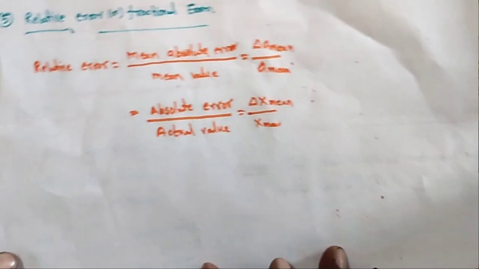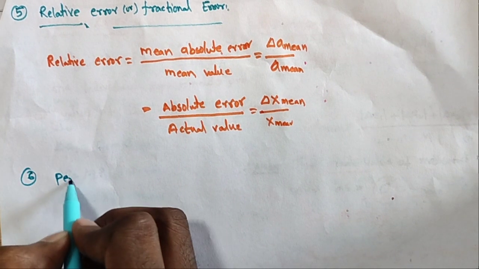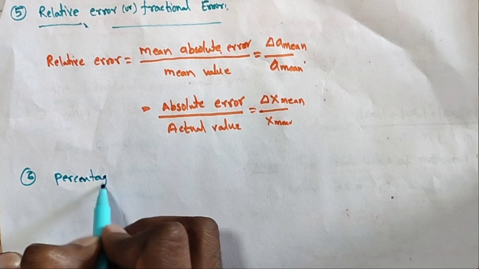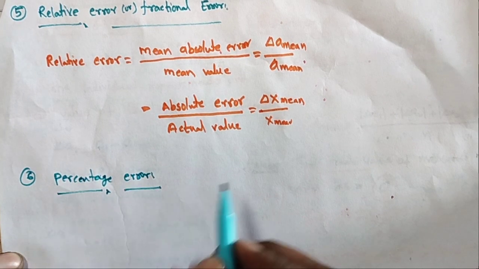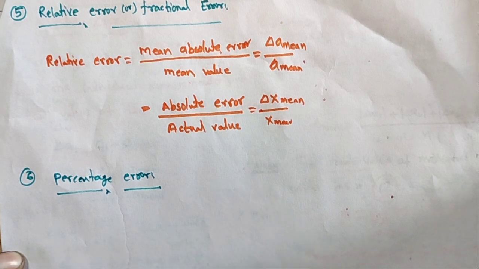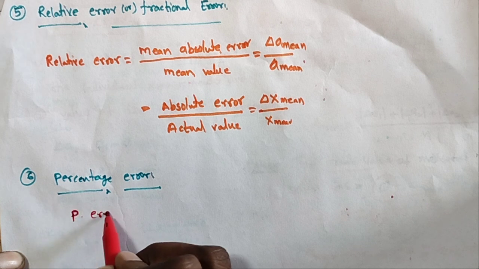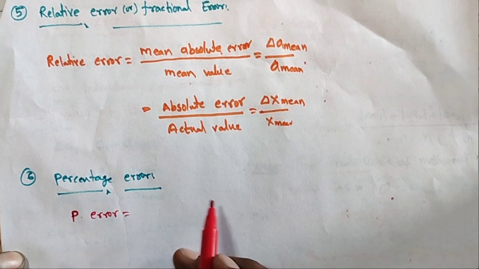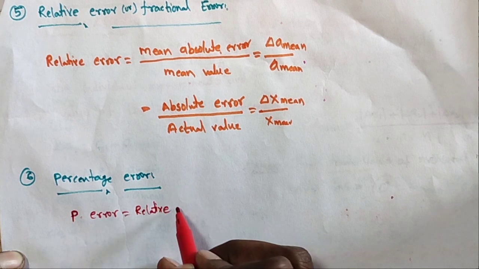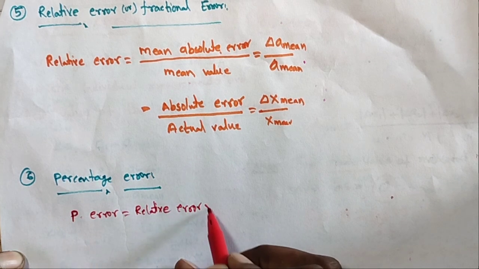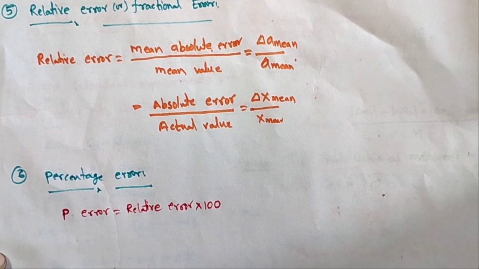The last error is the percentage error. It is very simple. The percentage error is equal to the relative error multiplied by 100.